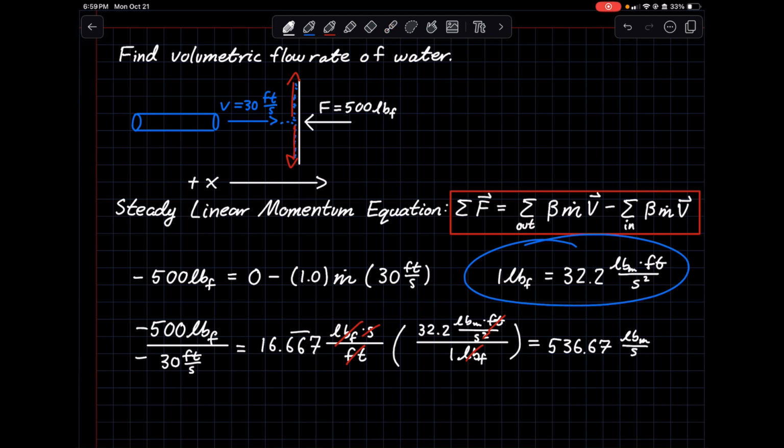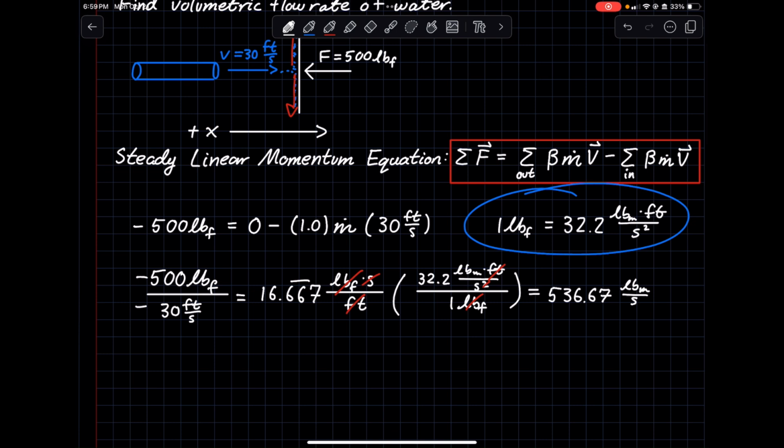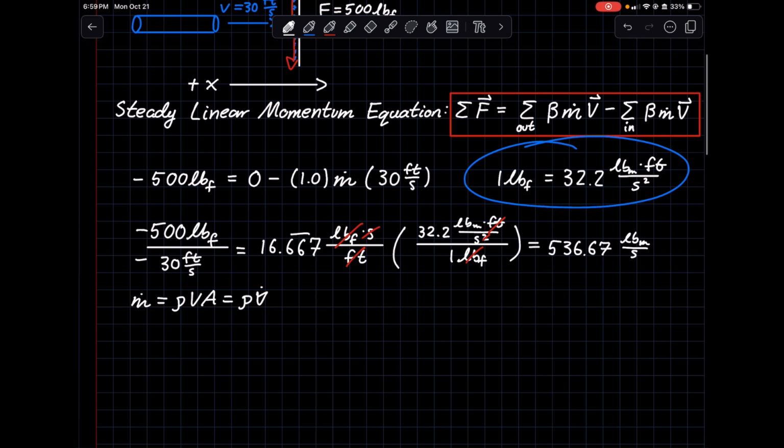So the reason why I'm solving for our mass flow rate is that mass flow rate is equal to the density times VA, which you might also recognize as the density times our volumetric flow rate, which is our goal for the problem. So we know the density of water in this system is 62.4 pound mass per cubic foot.